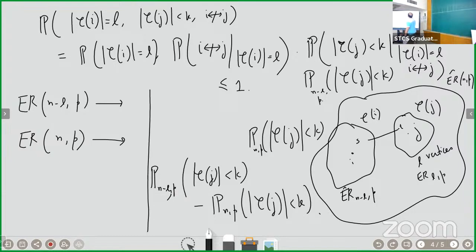What have I done? I've gone from here to here and looked at this probability minus this probability. But I was really interested in this probability. So I'll subtract this and add this back.